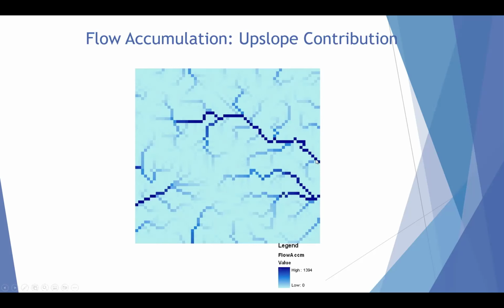Okay, so it is indicated here. Light blue means very low accumulation, dark blue indicates higher accumulation. So from this itself you can understand, wherever you have more accumulation, that is going to form your drainage.